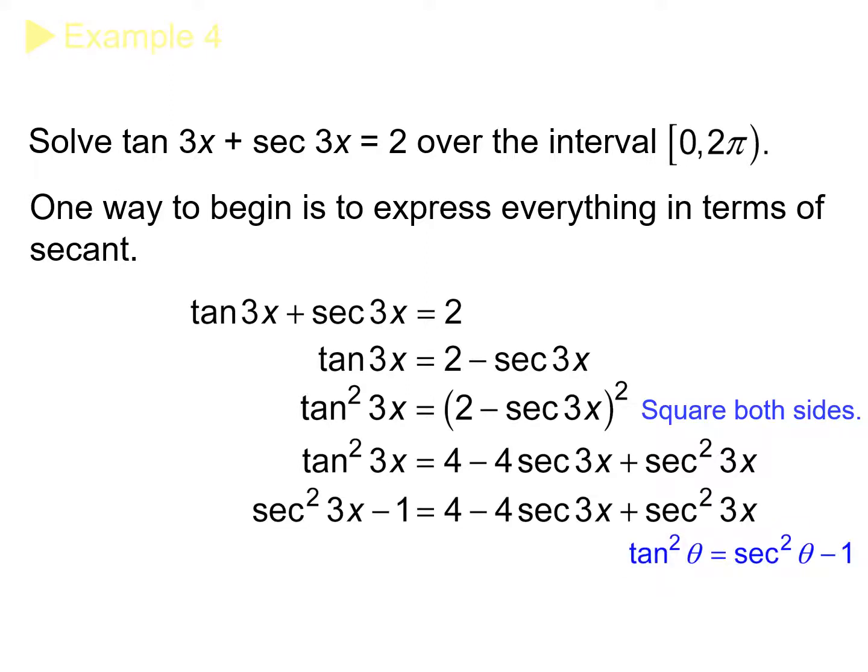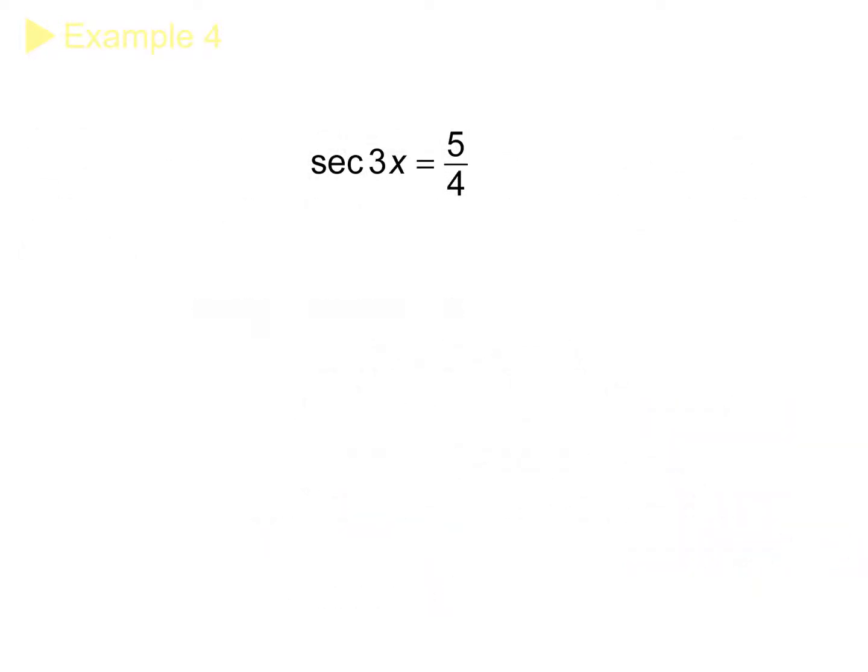Now I'm going to replace the tangent squared with secant squared minus 1. And I see there's a reason we do this trick. Those cancel. And I can move my constant over. So I get 4 secant of 3x is equal to 5. Solving this, secant of 3x is 5/4.